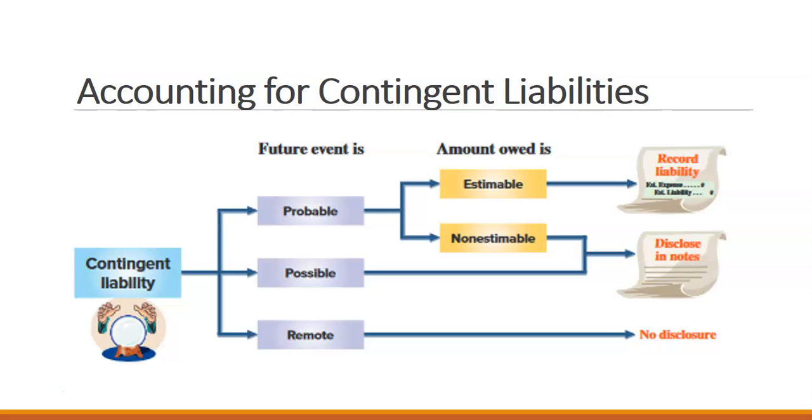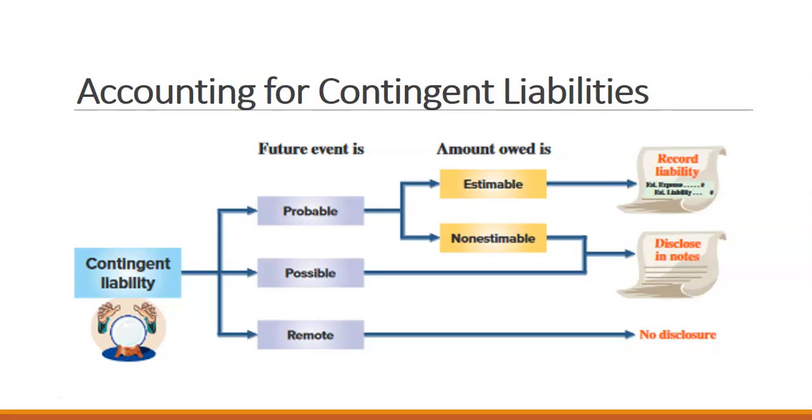We have this decision chart. If it is probable that in the future we are going to create a liability and we have a fairly good idea of what the amount is going to be, we will record a contingent liability within our accounting records.